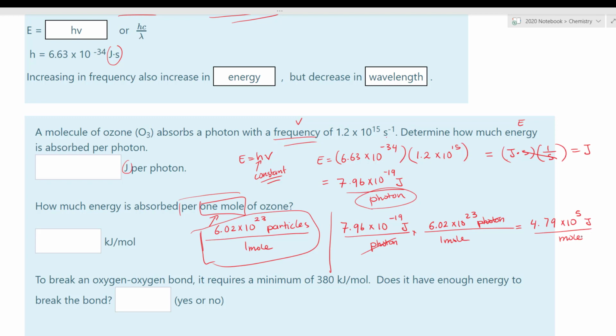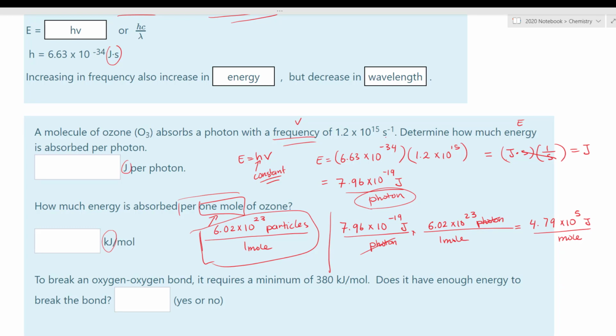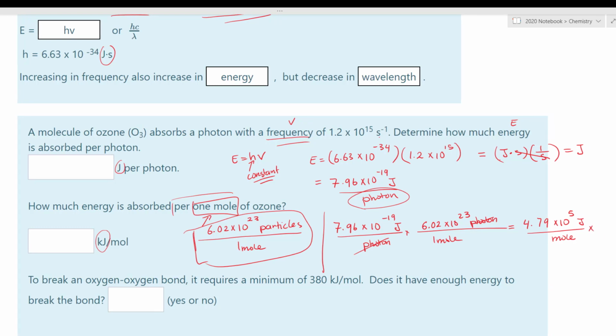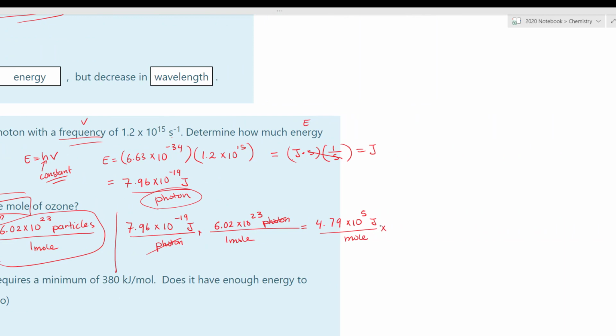Okay? But our answer is asking for kilojoule. So we had to go to the extra step over here. We had to multiply that. How do you convert joule to kilojoule? That's pretty easy. Remember, what do we know about the relationship between joule and kilojoule? Well, 1 kilojoule is equal to 10 to the 3rd joule. So we have 10 to the 3rd joule, 1 kilojoule. And as always, we can now cancel out joule.